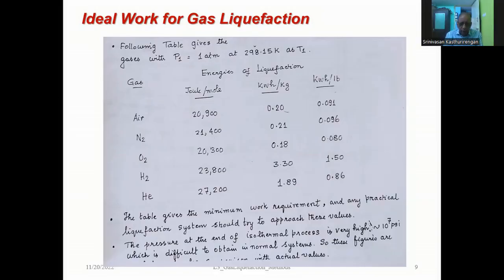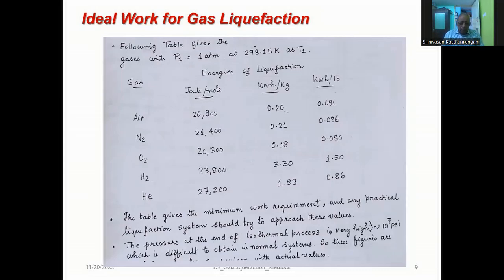So you find for air, this value is 20,900 joule per mole and the kilowatt hour per kg is 0.2. For nitrogen, it is 21,400 and 0.21 kilowatt hour per kg. For oxygen, it is 20,300 joules per mole, and in terms of kilowatt hour per kg it is 0.18.